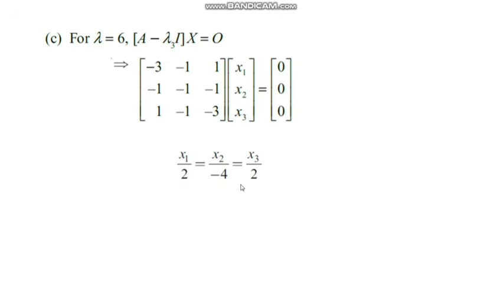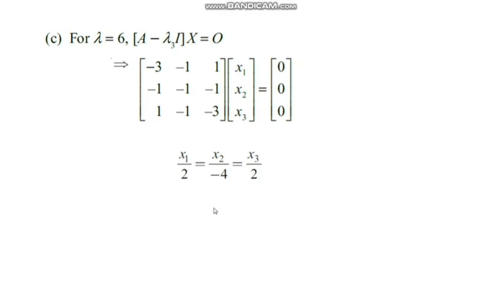Similarly, you can expand the second element and its cofactor. 3 plus 1 is 4, but the coefficient of the minor is minus 1, so that is only minus 4. This minus 4 is the cofactor to the element minus 1. Similarly, you can do it for the last element in the first row. Its cofactor will be estimated by eliminating the row and column containing 1. 1 minus minus 1 is a positive 2, and the coefficient of the minor is positive 1. 1 into 2 will be 2 here.